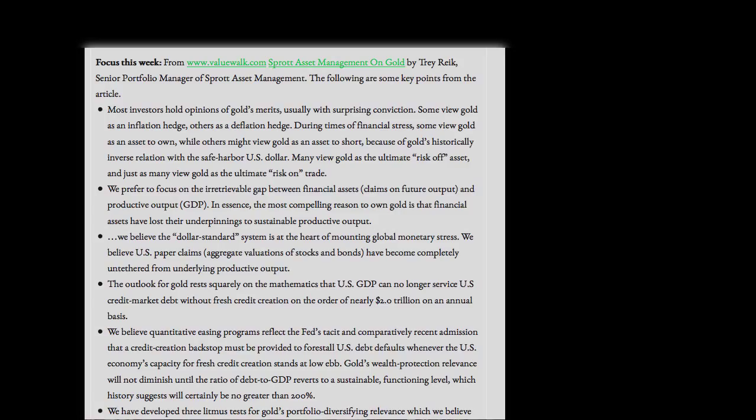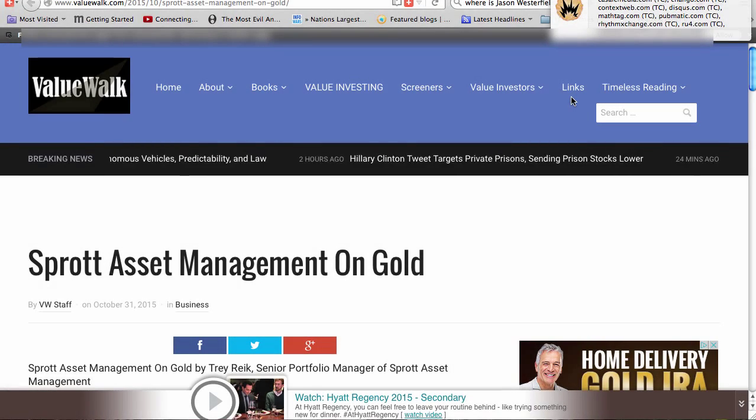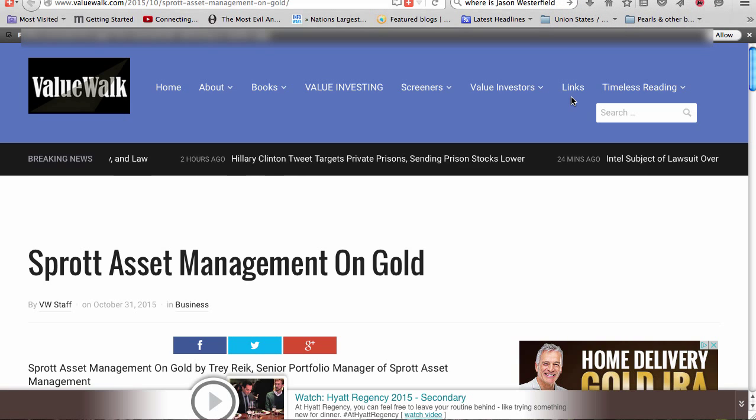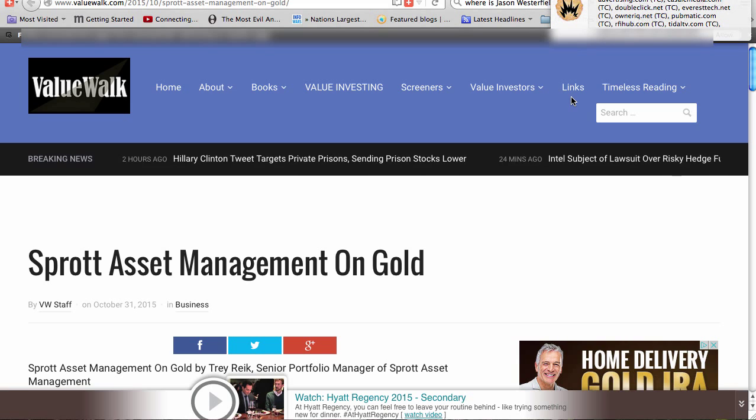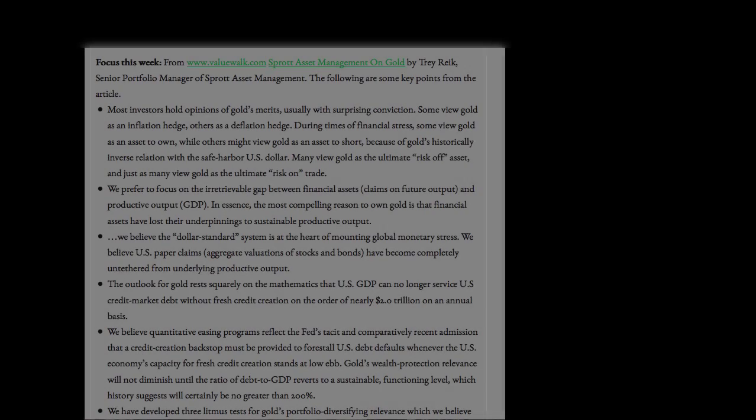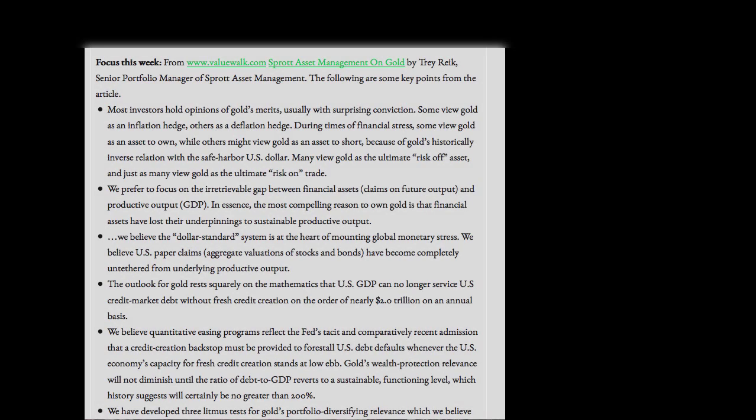Focus this week from www.valuewalk.com. Sprott Asset Management on Gold by Trey Reik, Senior Portfolio Manager of Sprott Asset Management. The following are some key points from the article. Most investors hold opinions of gold's merits usually with surprising conviction.